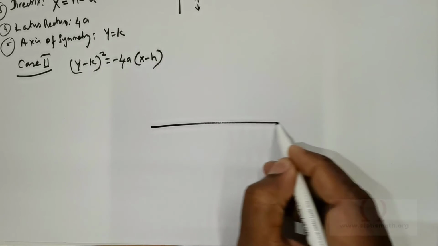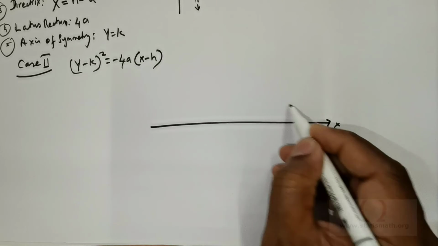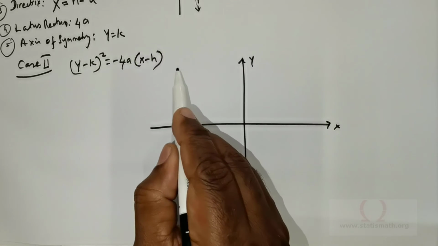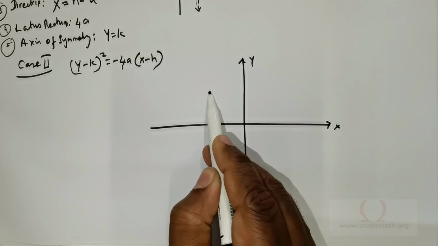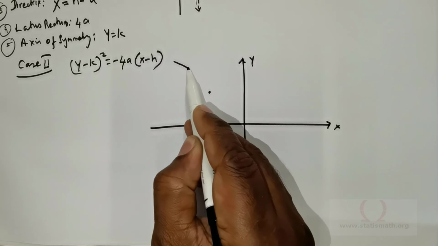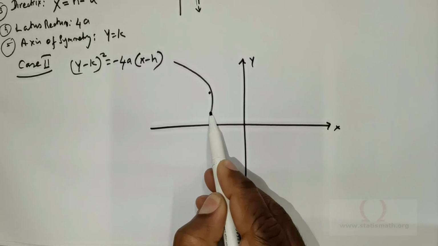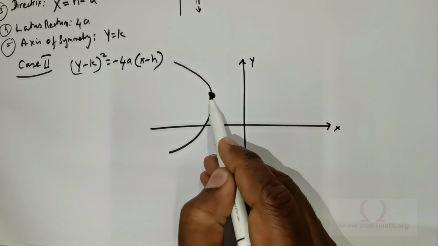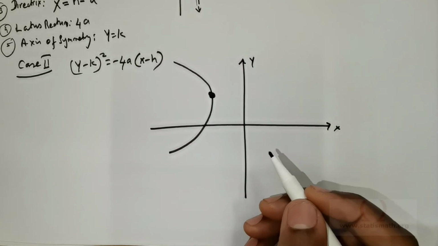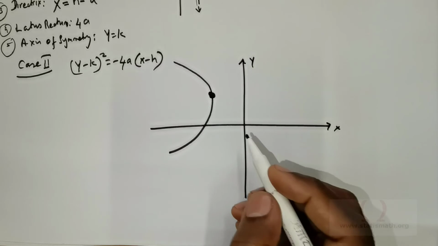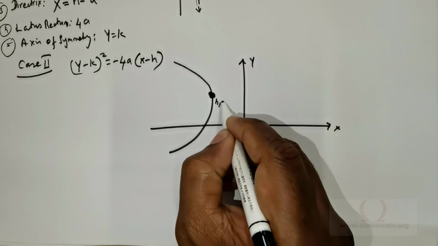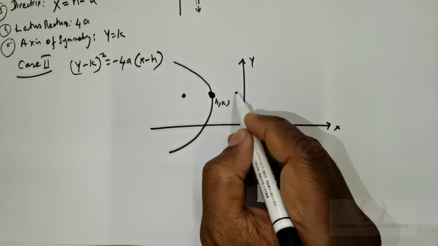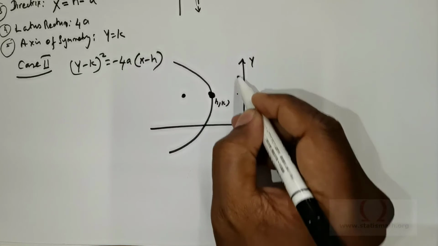So if I were to draw the x-axis and the y-axis, if I were to imagine this to be the vertex and the parabola maybe hits and goes like this. Okay, so let me take this as the vertex. So this is (h, k), and we will be having the focus somewhere over here, and the directrix would be somewhere over here.